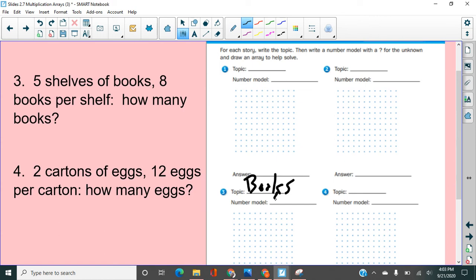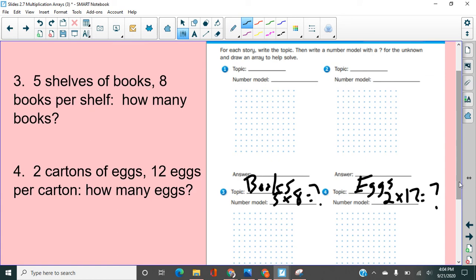And you can see 5 times 8 equals question mark. You're going to be doing that number model down here. 2 cartons of eggs, 12 eggs in each carton. Our topic is eggs, and we are doing 2 times 12. That's going to be a long, skinny one. Equals question mark. Okay, so take a moment, make sure you have that information down.